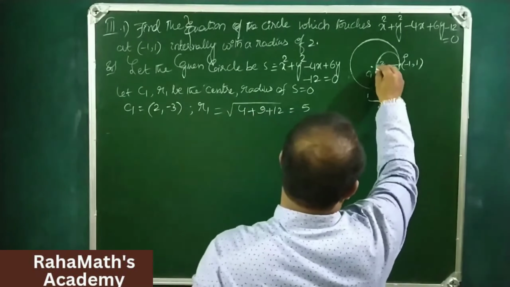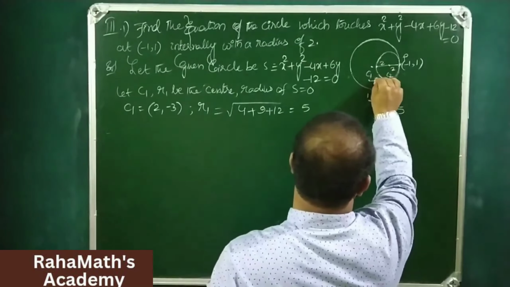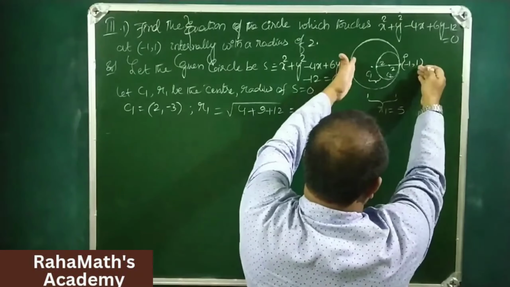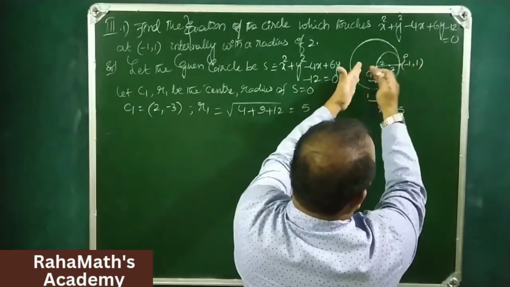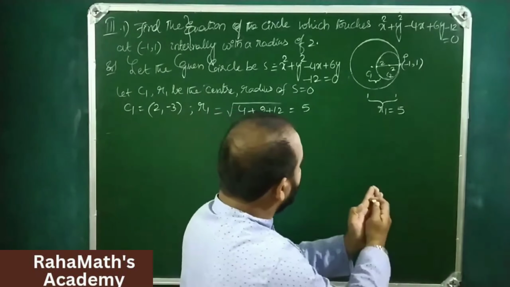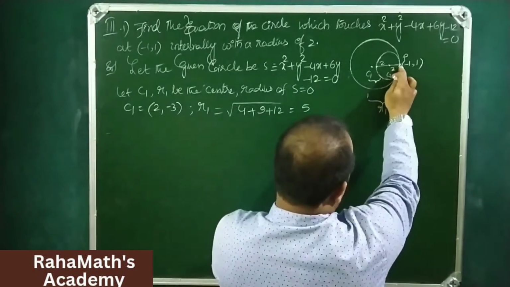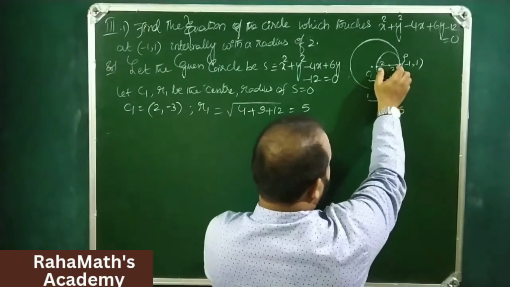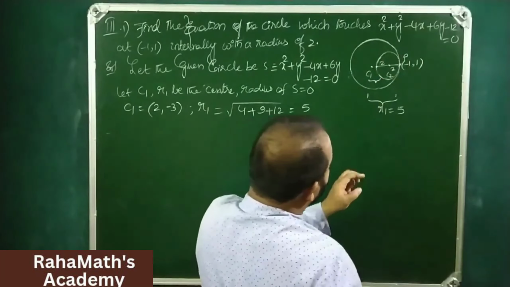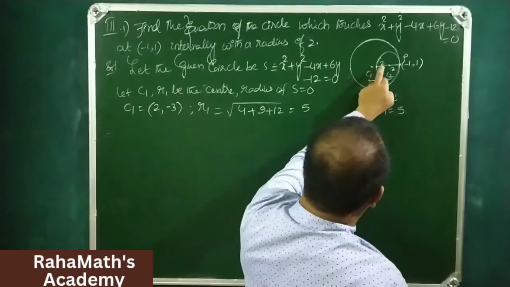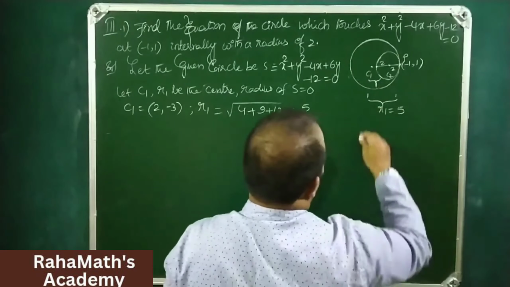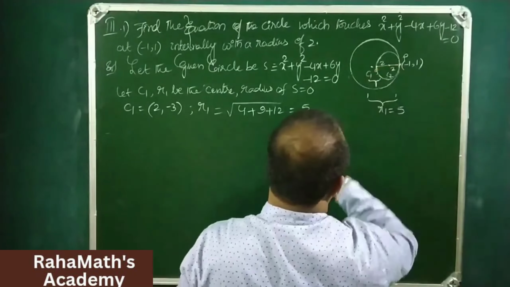Then can you tell me how much is this? So this is total 5. C1P is the total radius of the big circle and 2 is the radius of the small circle. That means 2 plus 2 is the total diameter of the small circle. Then if this is 2 plus 2, 4, this will be how much? 1. Let us suppose this to be, for example, Q.